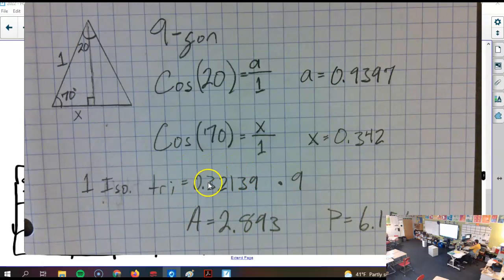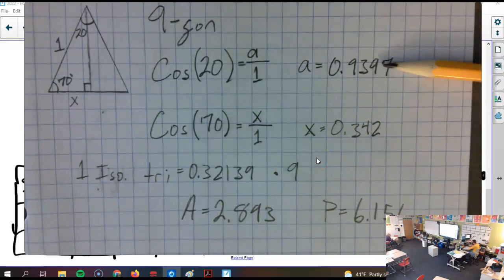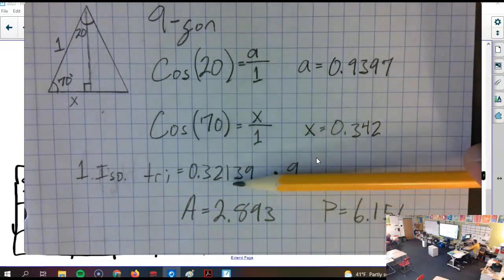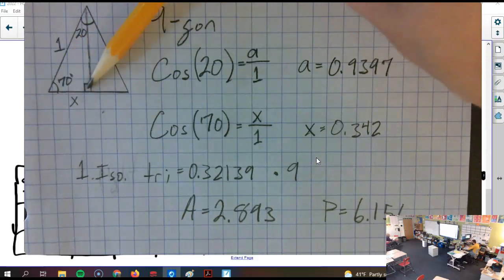Then I only have to multiply by 9, because half of the edge times the apothem is one of the isosceles triangles. So I'm solving the area of the whole thing, even though I'm only using half the base, because that's what we want to use, because it's a triangle. Go back and check your work.